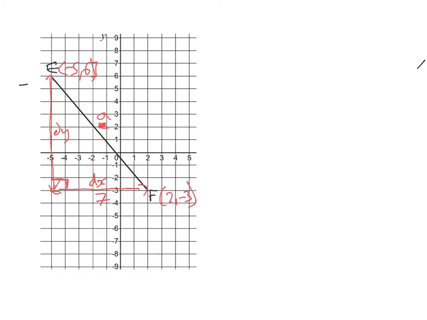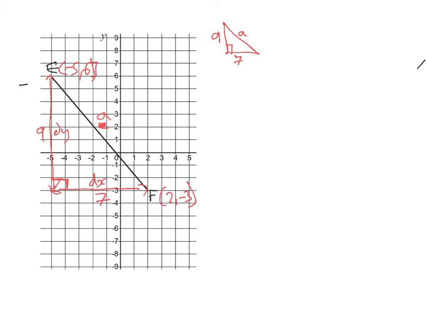Okay, and the difference in the y's is between 6 and -3, so that's 9. So if we take that outside here, we actually have a triangle, which is 9 and 7, and an unknown here, which we'll call A. And there's the right angle. Now, if you were given that problem, how would you work out what A is?